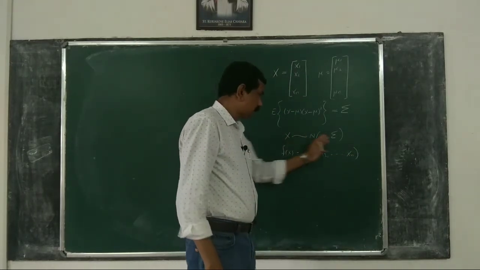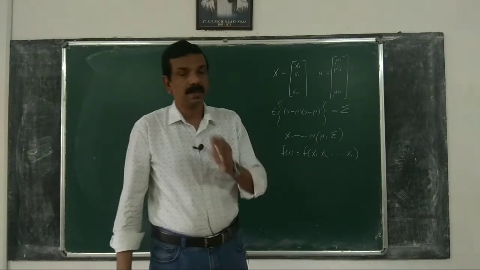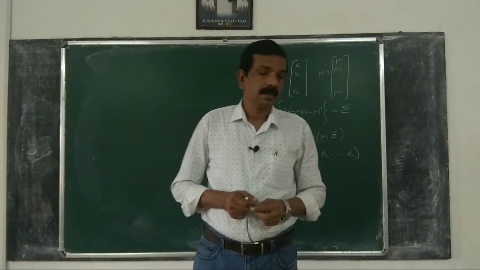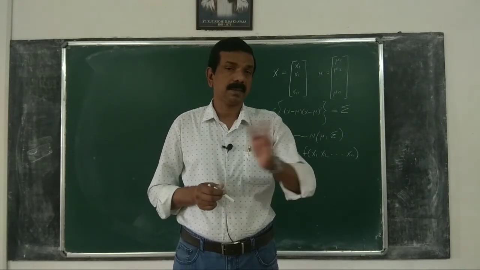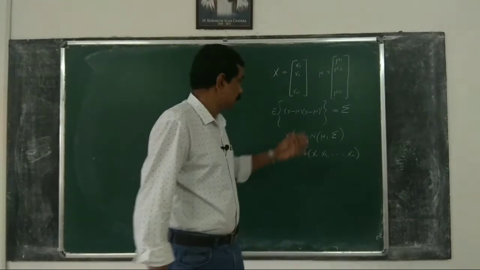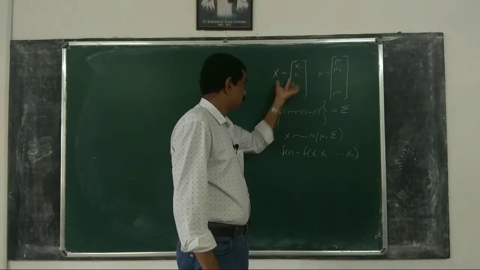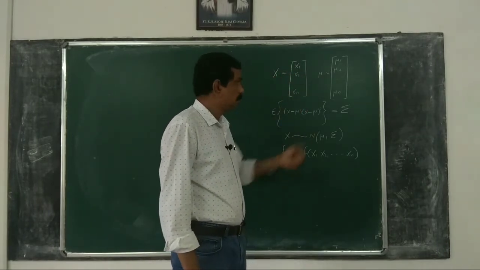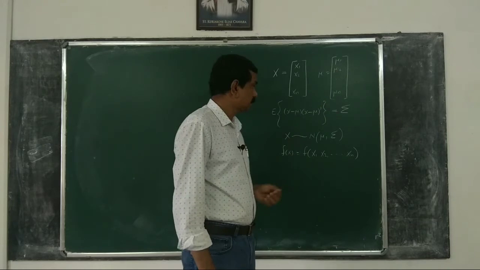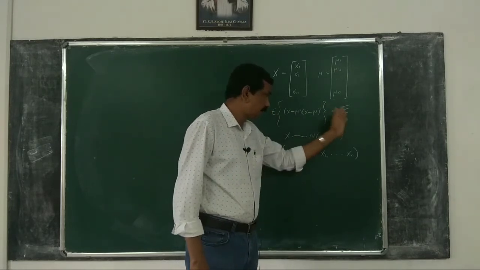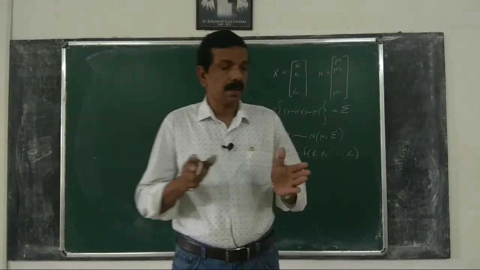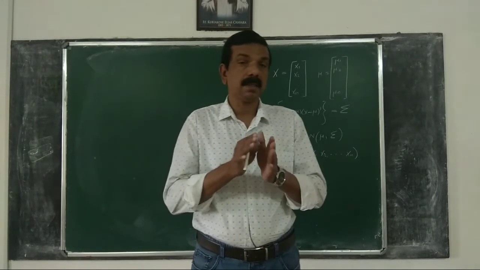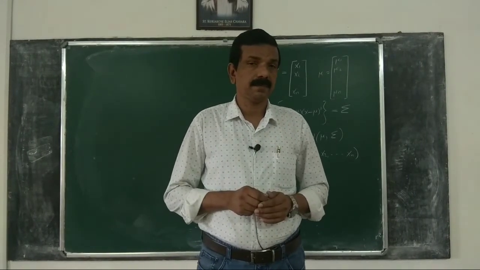And this is the compact way of writing the multivariate distribution on the assumption that, remember this, if x is a vector of random variables with the mean vector mu and variance covariance matrix sigma, then these random variables will have some multivariate PDF.